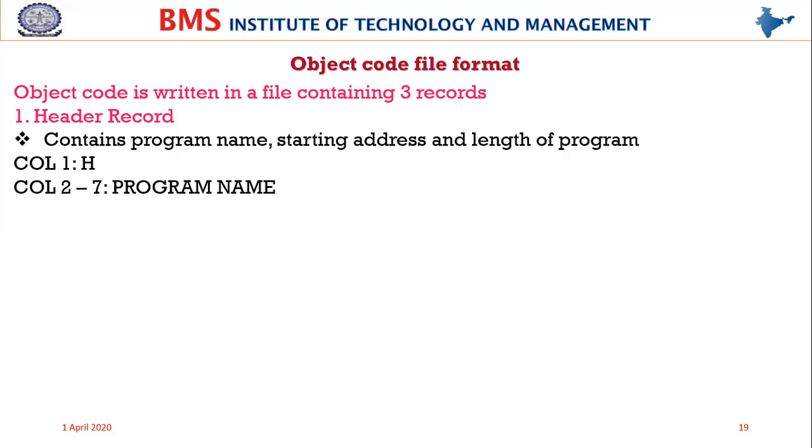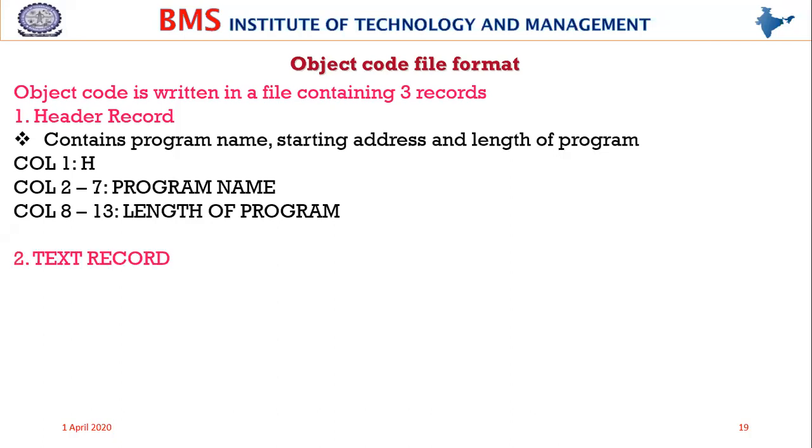So maximum 6-character program name. Column 8 to 13 is the length of the program. Again we have 5 bits for specifying the length. I think that's enough for us. Maximum 4 bits we will use for addressing. If the program is quite lengthy also, we will have a maximum of 5 bits, that's 2 to the power of 5 combinations possible.